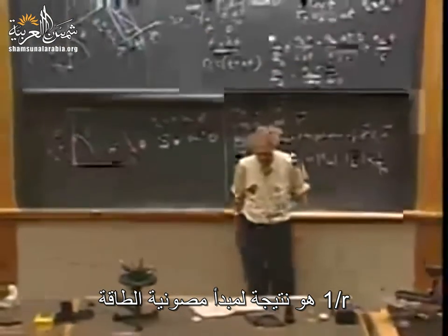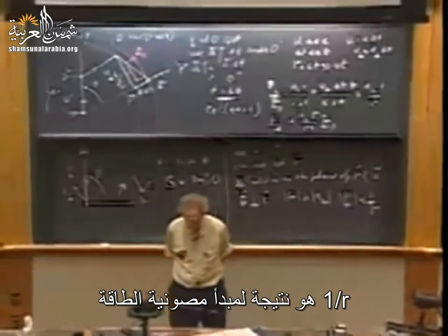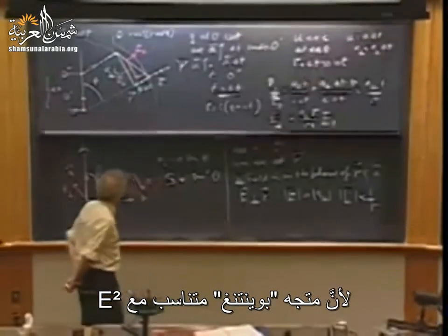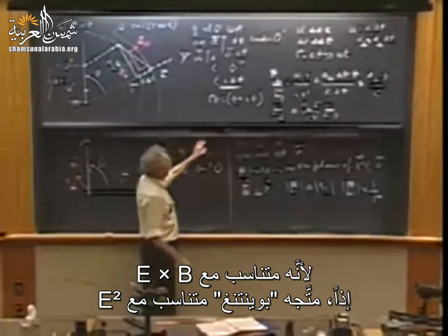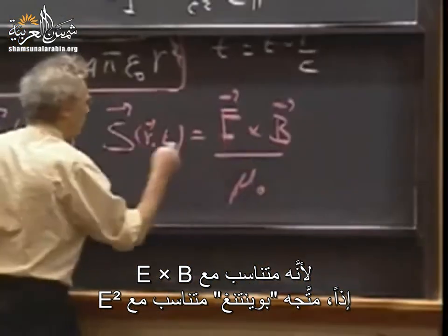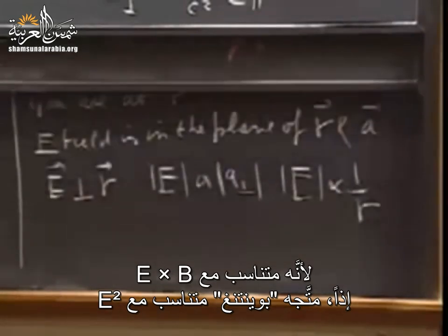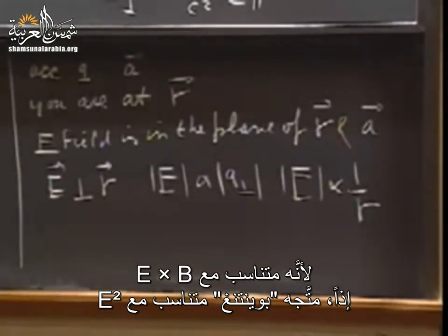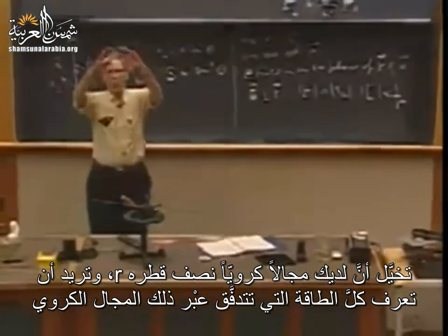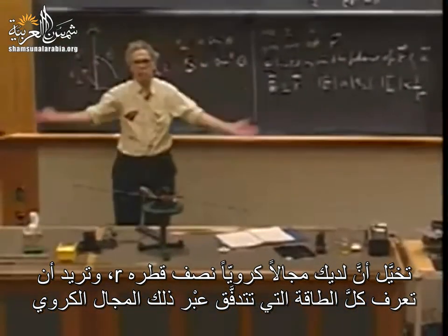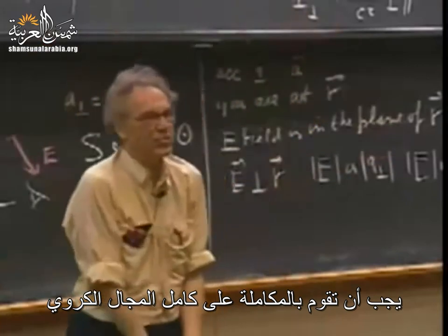It's a consequence of the conservation of energy, because the Poynting vector is proportional to E cross B, so the Poynting vector is proportional to E squared. So imagine now that you have a sphere with radius R, and you want to know all the energy that flows through that sphere. So you have to integrate over the entire sphere.